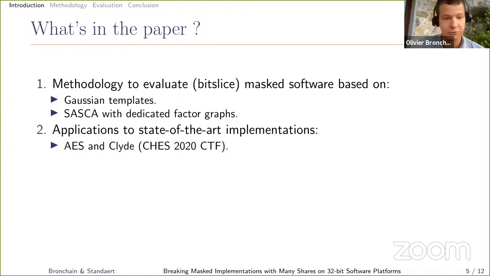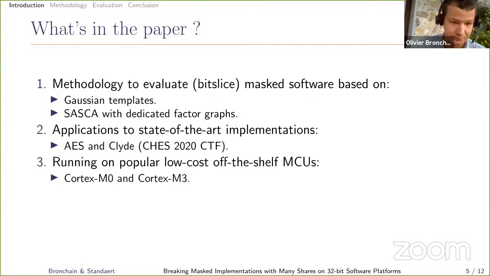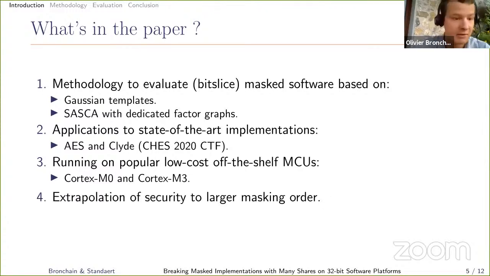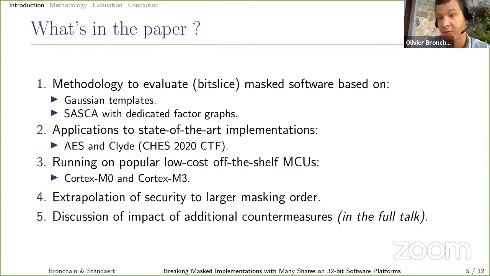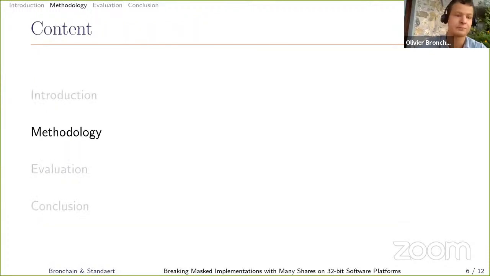And we use that on the traces of the CHES 2020 CTF. The traces are recorded on Cortex-M0 and Cortex-M3. We extrapolate the security of these implementations to larger masking orders. That's in the full paper or in the full talk. And we also discuss the impact of additional countermeasures.